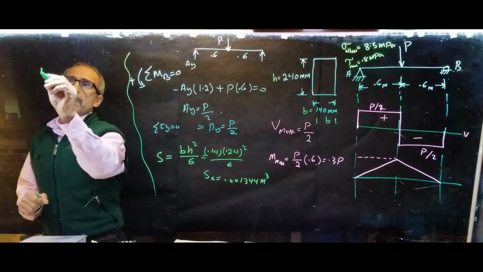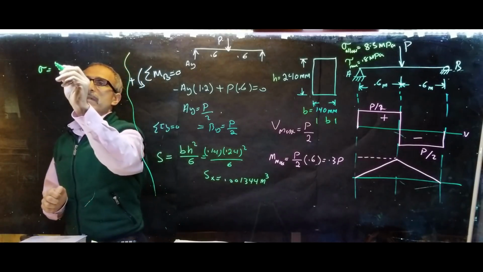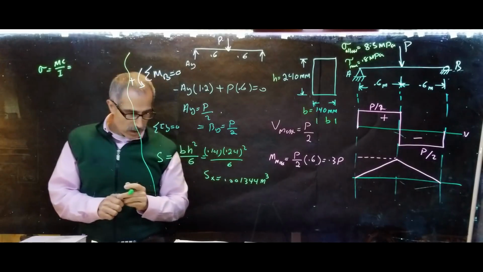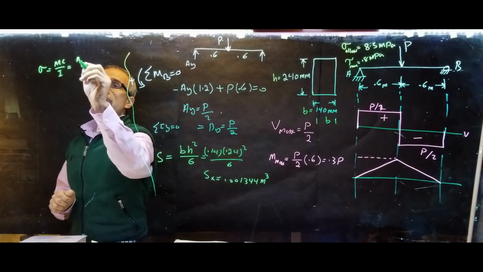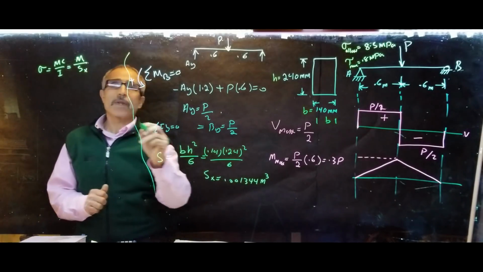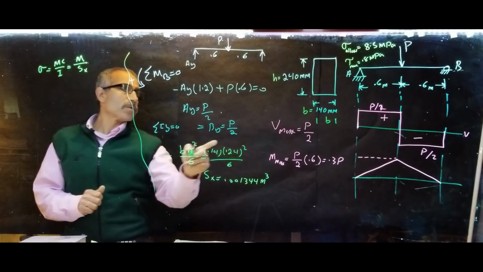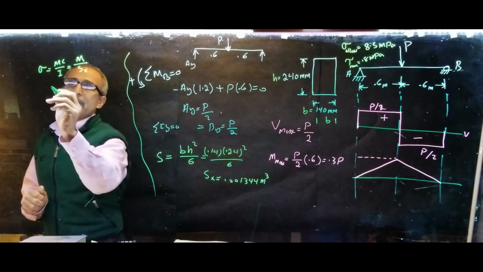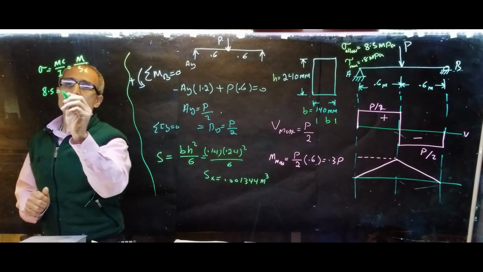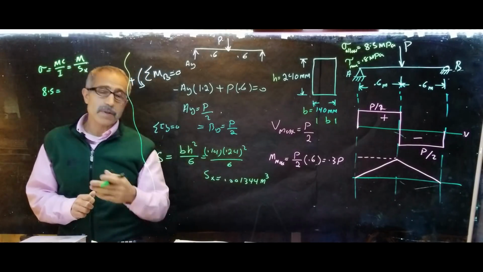All right, now what's the stress equal to? Stress is equal to MC over I, or M divided by S. We know that's 8.5, the maximum stress was 8.5 megapascal. What's megapascal? It's 8.5 times a million Newton per meter squared.